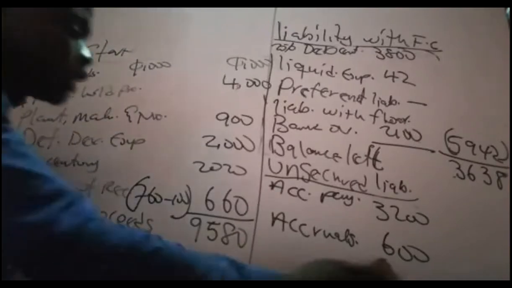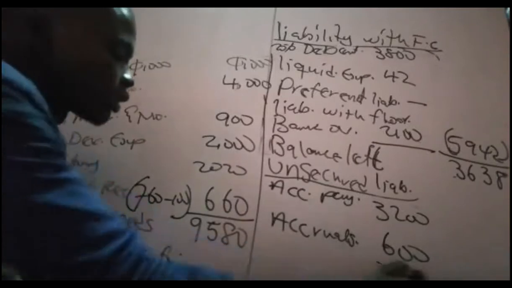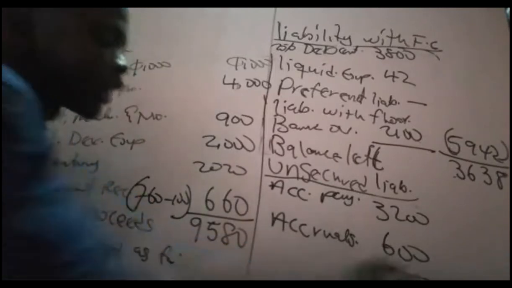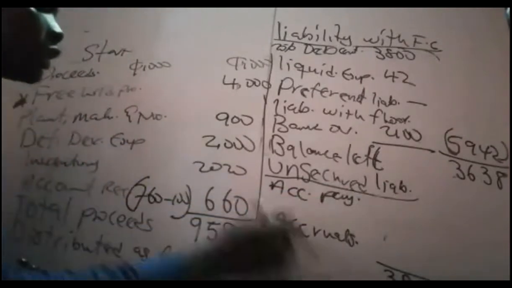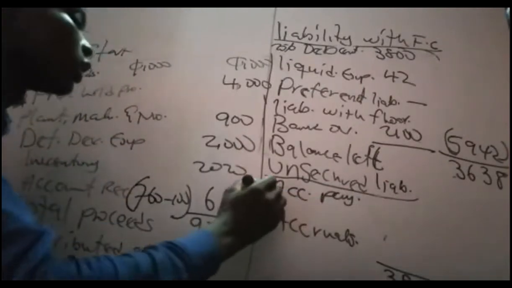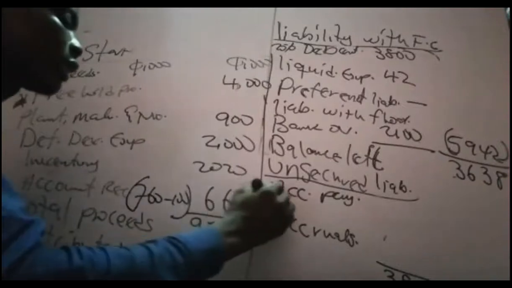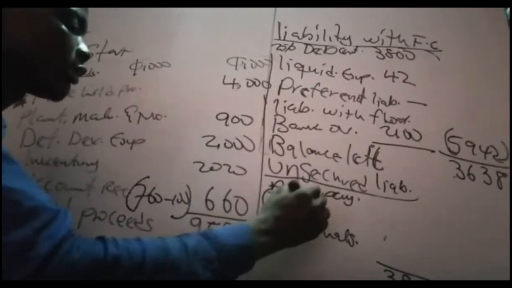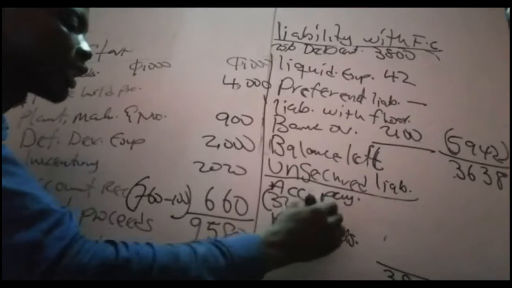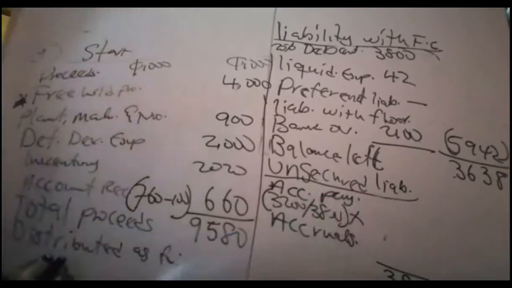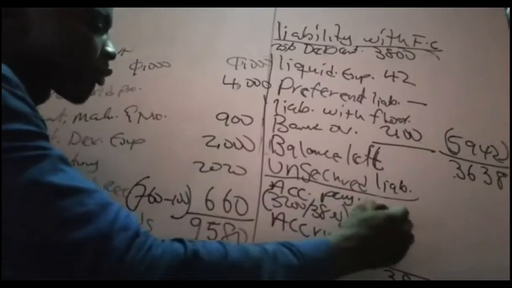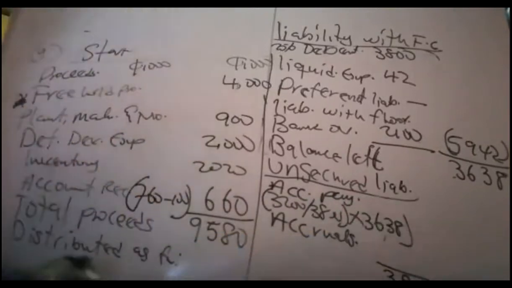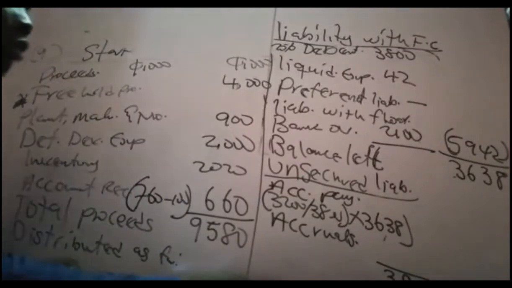So what to do is their total will give us what? 3,800, right? So I'll take it off. All what I'll do is now you can write. I'll take 3,200 divided by 3,800 times the amount that I'm sharing, 3,638. I'm done. So that is the figure that the account payable will receive.